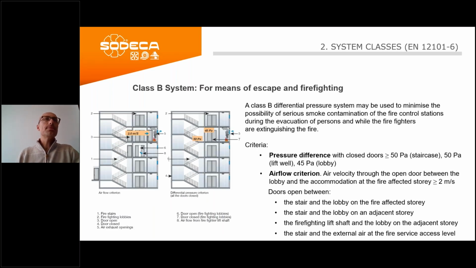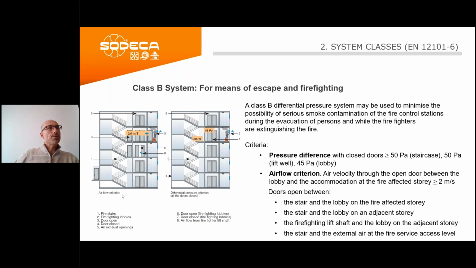The Class B system is one of the 2 meant for means of escape, but also for firefighting. And this kind of system may be used to minimize the possibility of serious smoke contamination of the fire control stations during the evacuation of persons and while the firefighters are extinguishing the fire.